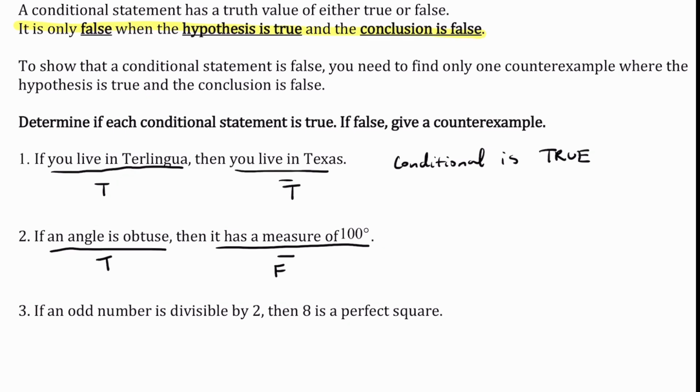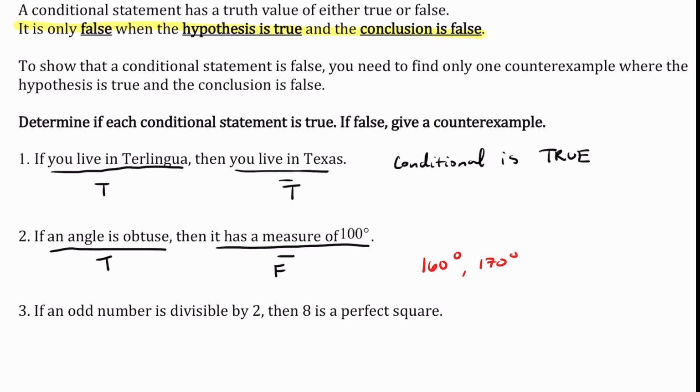Now, remember, if an angle is obtuse, it has a measure that is greater than 90 degrees, but less than 180. So I can provide a counterexample and say that the angle could be 160 degrees or 170 degrees, etc. Look at my counterexamples.